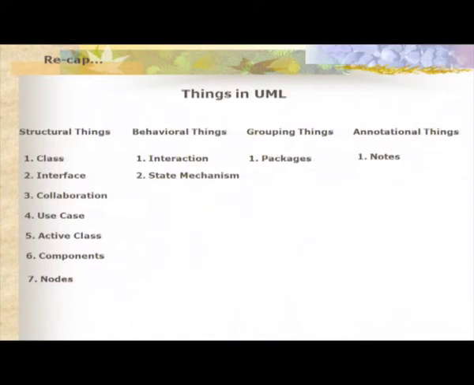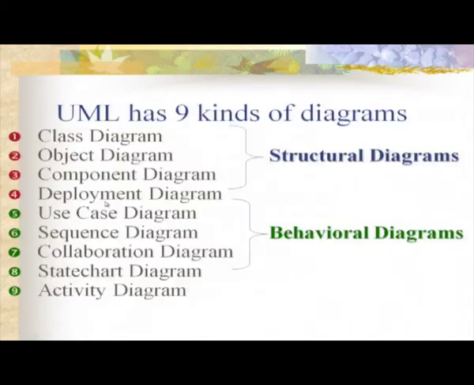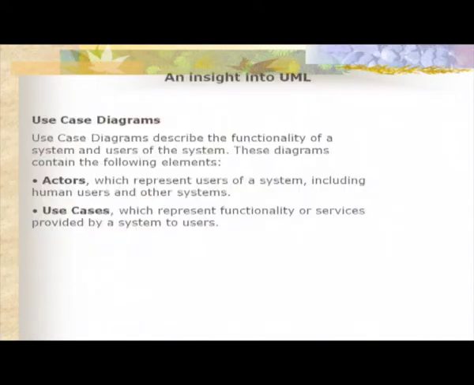So, equipped with 7 structural things, 2 behavioral things, 1 grouping thing, 1 annotational thing, you are addressing a phenomenal complexity, and it is just 9 diagrams as in the earlier lecture. If you adhere to this, you are likely to see object oriented happiness very frequently.